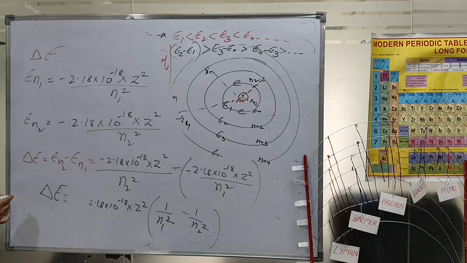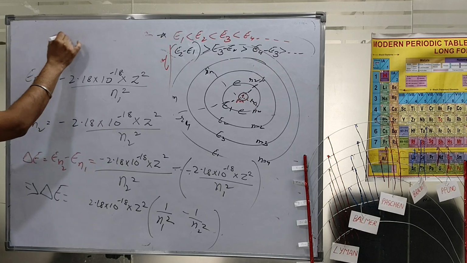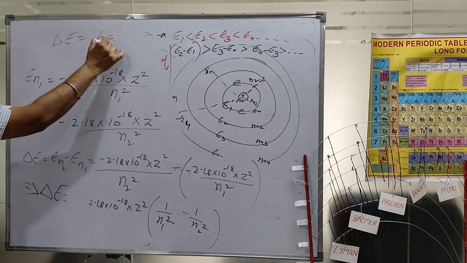That will become delta E. And for wavelength, delta E is equal to hc over lambda.